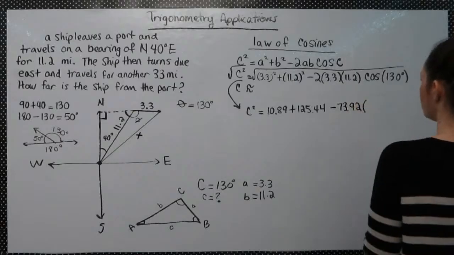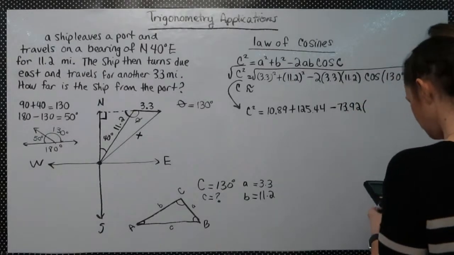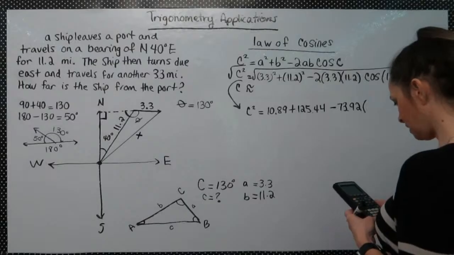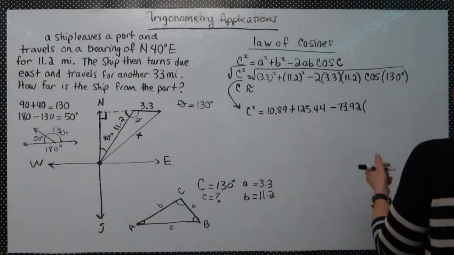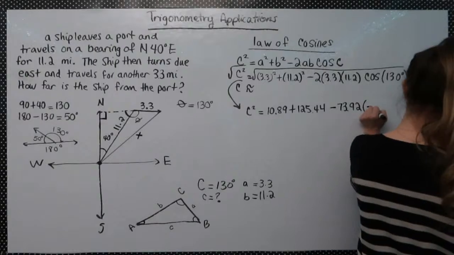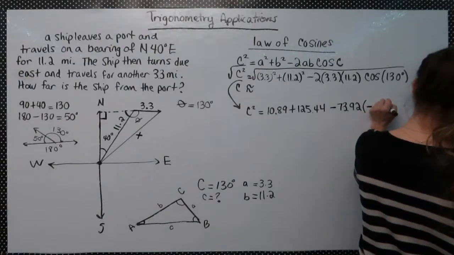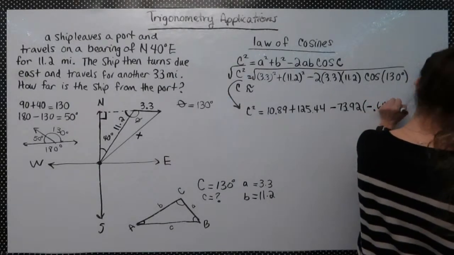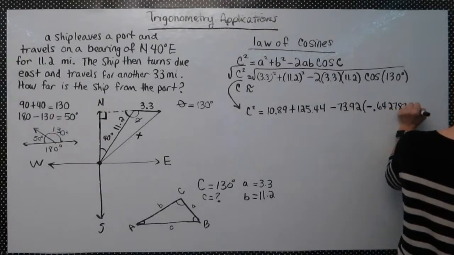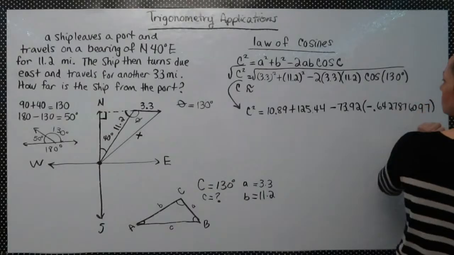I'll just figure out what the cosine of 130 is. That is negative 0.6427876097.